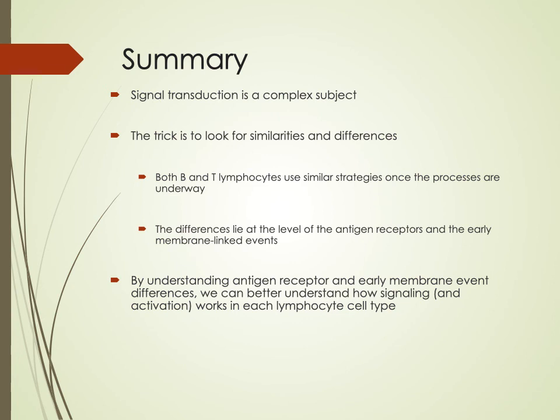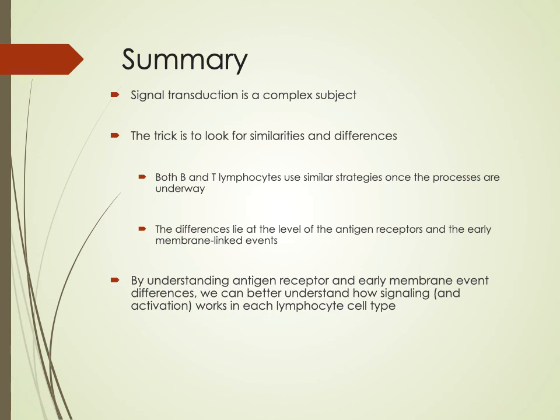We do want to keep in mind that signal transduction is a very complex subject, with lots of memorization and lots of different pathways depending upon what receptor is being used. Again, you can take a whole semester, a whole course on cell signaling. So really, let's look for similarities and differences. What pieces can we generalize, and then build upon that.